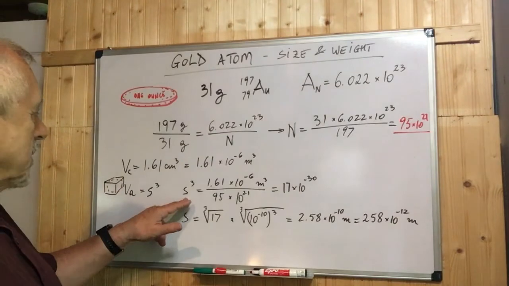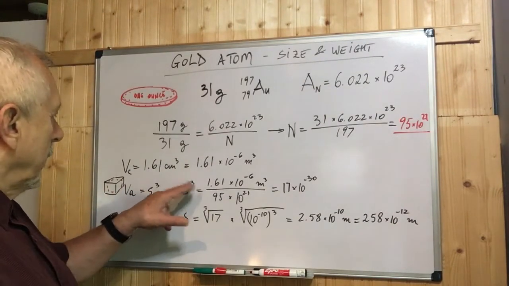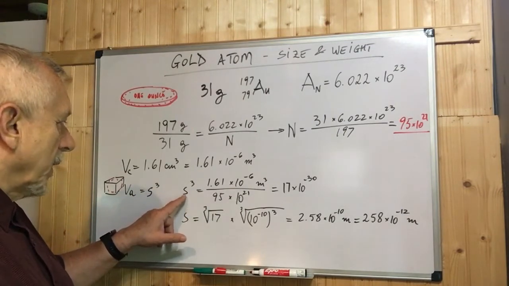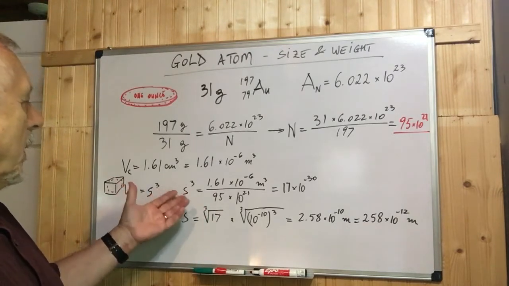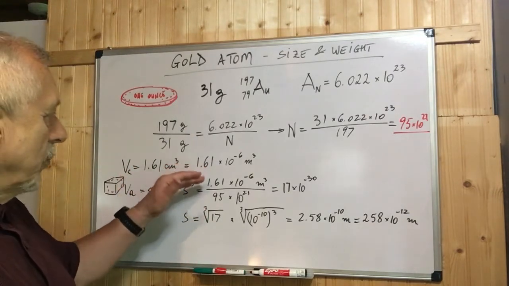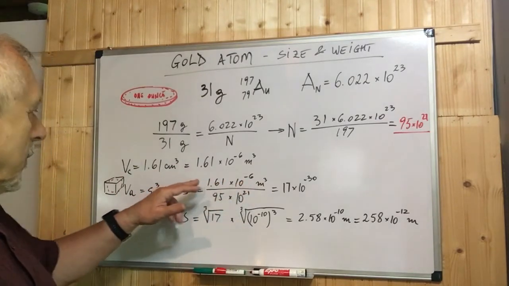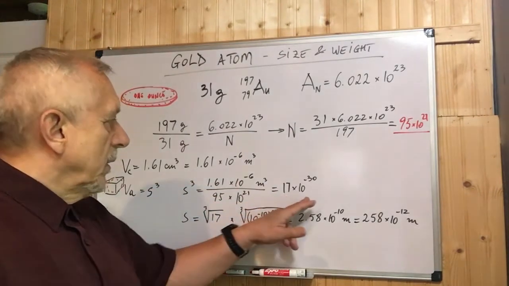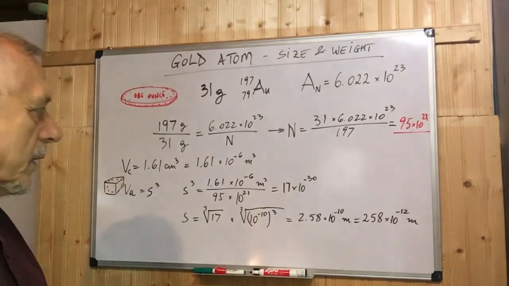So the volume of this small cube is s to the power of 3. The volume of the atom is s to the power of 3. We have to find out the s. In this case, s to the power of 3 is the volume of the coin divided by the number of atoms, and we get this number, 17 times 10 to the power of minus 30.